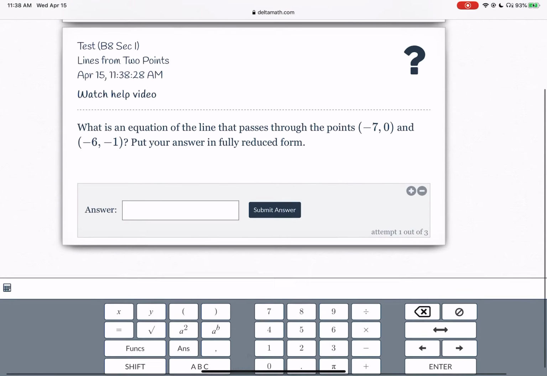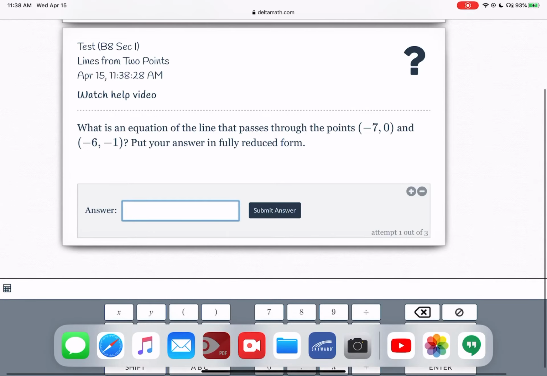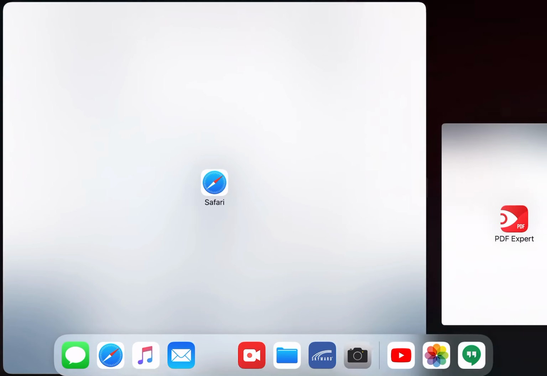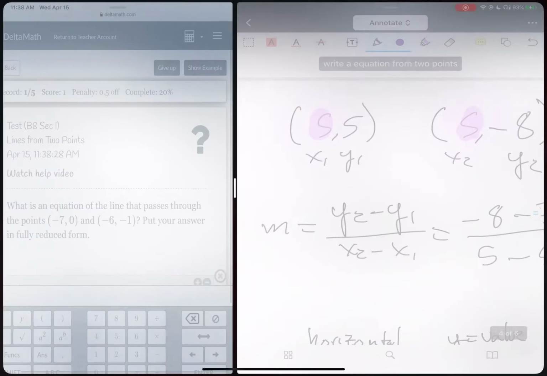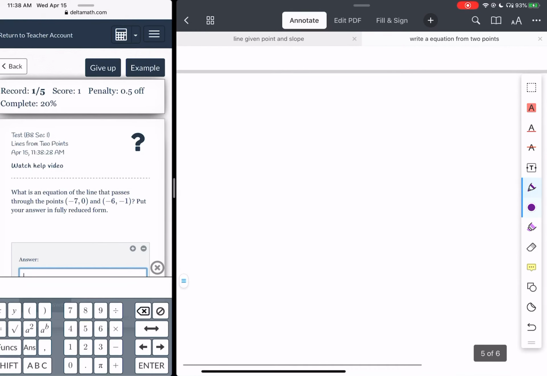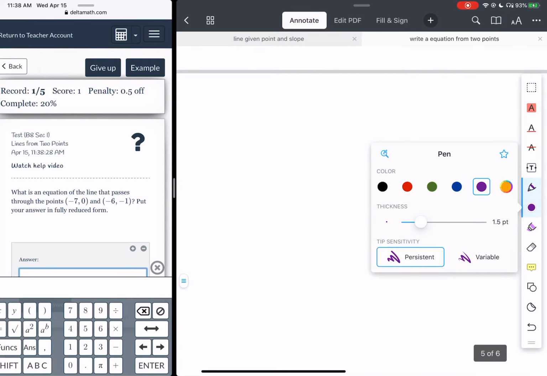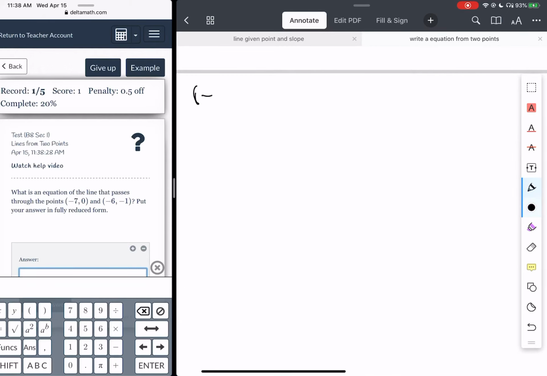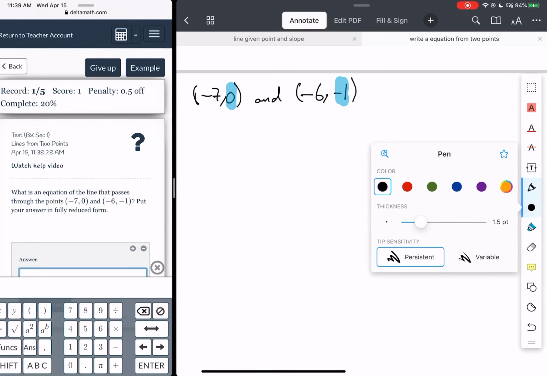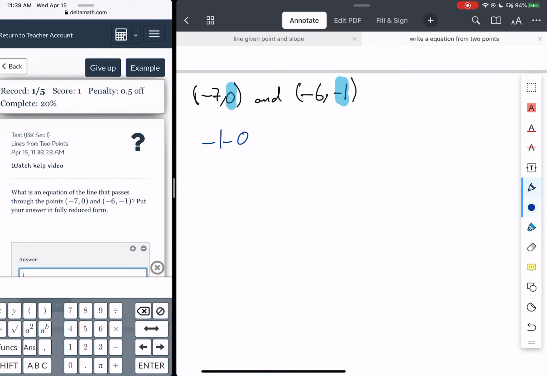Okay, let's try one more. So here we are given the points -7, 0, and -6, -1. So if I do my y's, so -1 minus 0 on top.